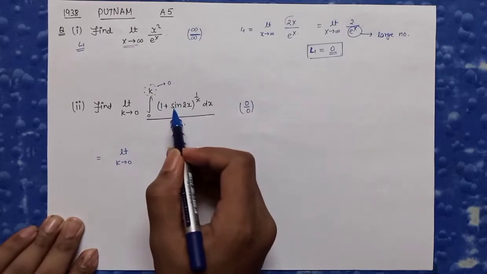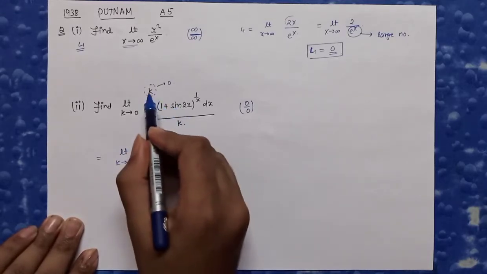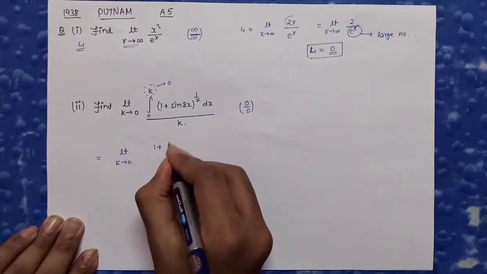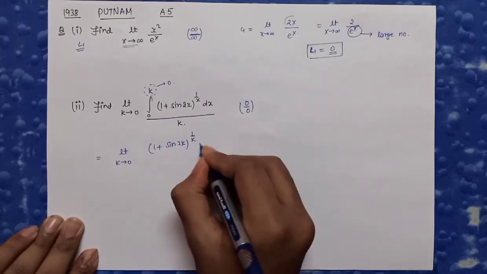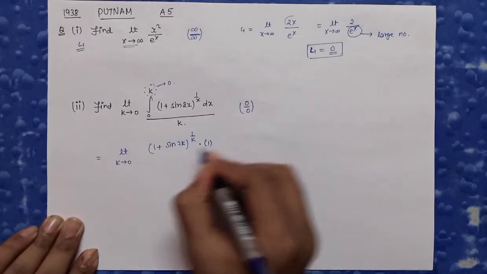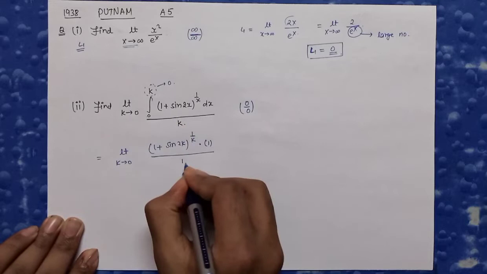Because we are differentiating this integral, k will be substituted in the place of x in the function, giving (1 plus sine 2k) whole raised to the power 1 by k, multiplied by the differential coefficient of k, which is 1, divided by the derivative of k, which is also 1.